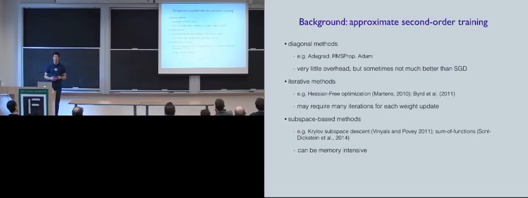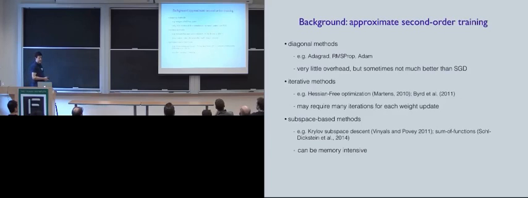And so if you want to apply second-order optimization, you need to make some approximations. And so there are some common strategies that people adopt. The first one is to use a cheap approximation to the Fisher matrix, most commonly a diagonal approximation. And so this is the idea behind several commonly used optimization algorithms, things like AdaGrad, RMSProp, and Adam.